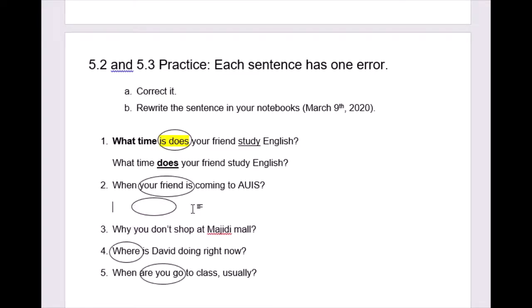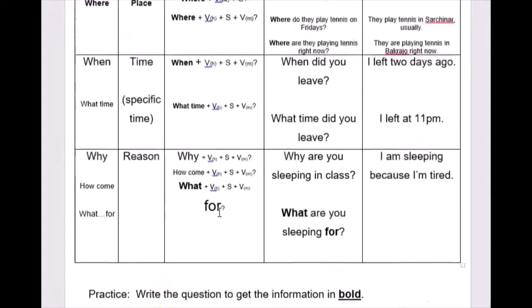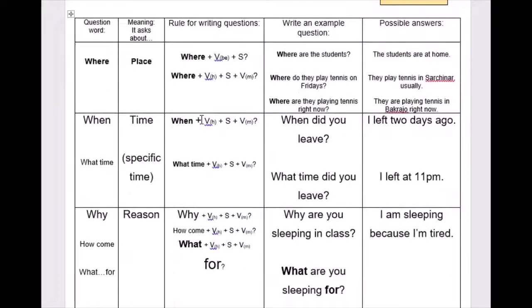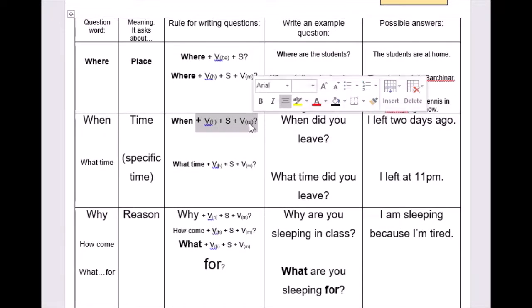Okay, here's the answers. When your friend is coming to AUIS. Okay, so when is, I'm asking about the time, but remember when I have to use helper verb, subject, and main verb.